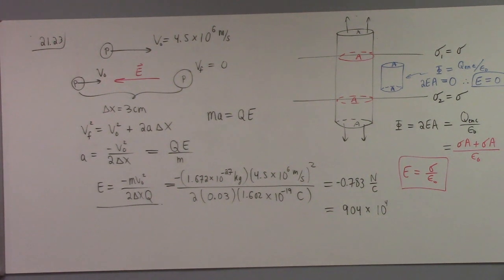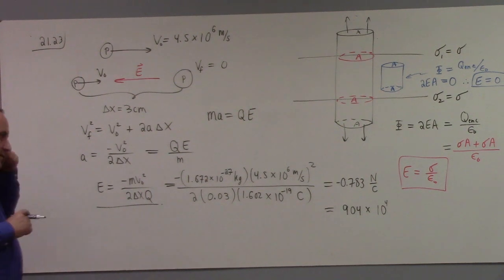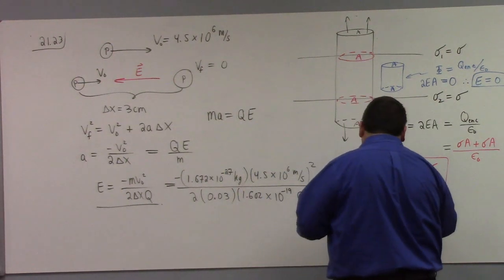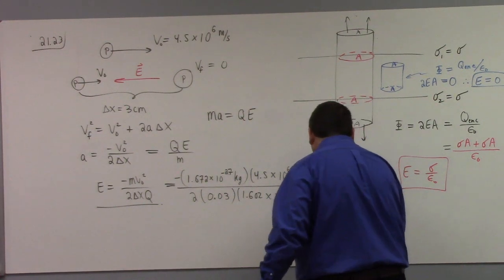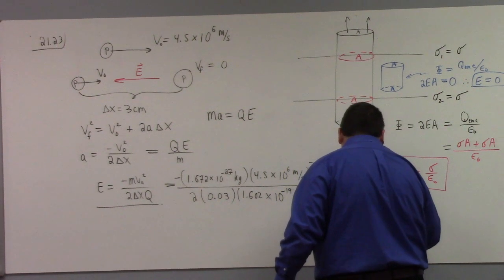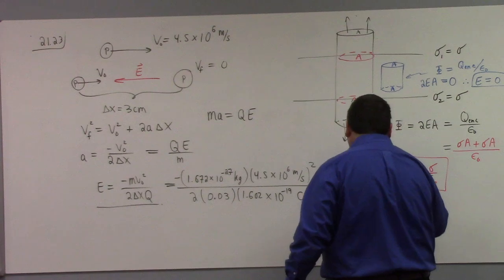Just a second here, let me check. I forgot the answer back here. It says 3.2 times 10 to the 6 newtons per coulomb to the left. I mean, this is 10 to the 6th, right? If I didn't miscalculate, I got 9.04 times 10 to the 6th newtons per coulomb. Maybe I made a calculator mistake.